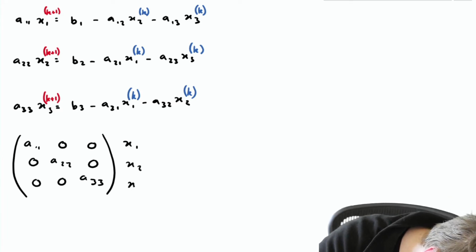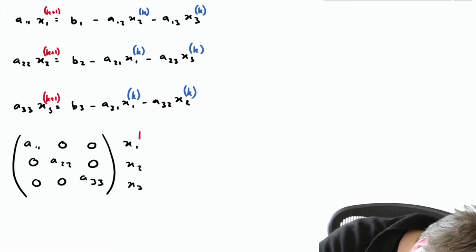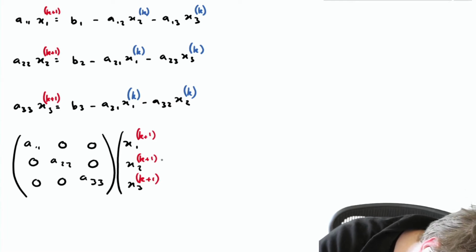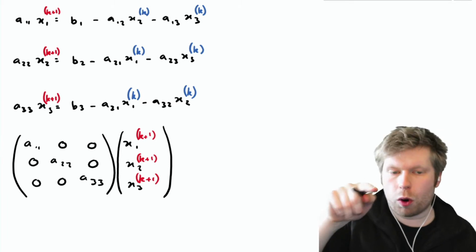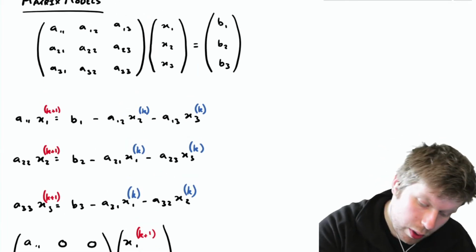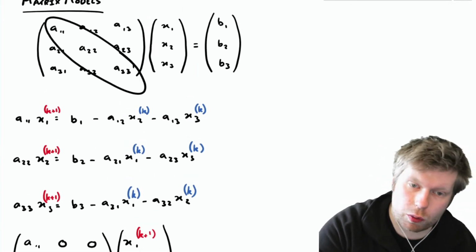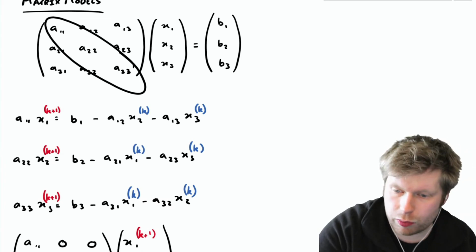And I'm going to multiply it by x1, x2 and x3. Crucially, those are the x values at the k plus 1th step. So it's a vector of values at the k plus 1th step, multiplied by a diagonal matrix formed of the a11, a22 and a33, which is the diagonal of the original coefficient matrix that we had up there.